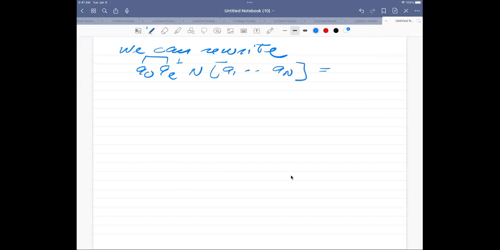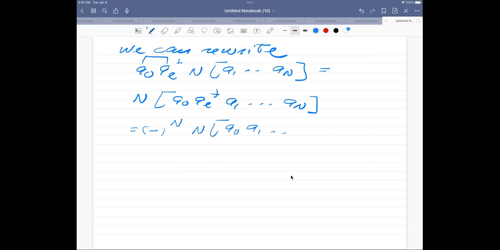This is now the same as a normal order product of A0, AL dagger, and then I have A1 up to AN, which again then is the same as minus 1 over n for the normal order product of this A0, A1 of AN of AL dagger.